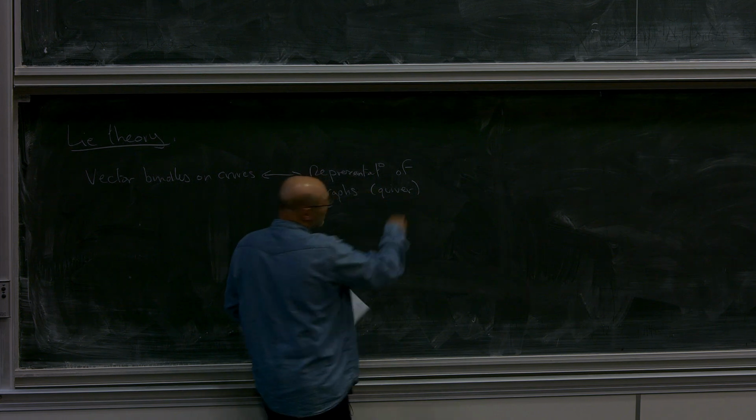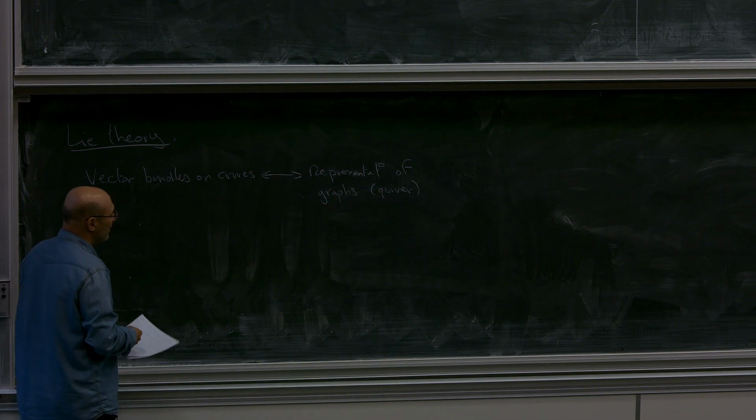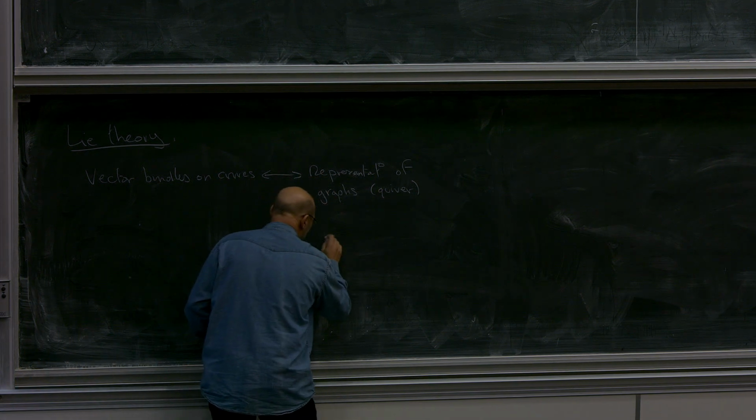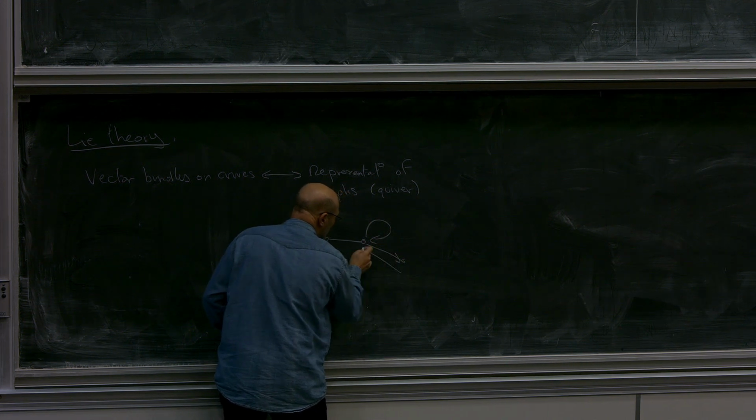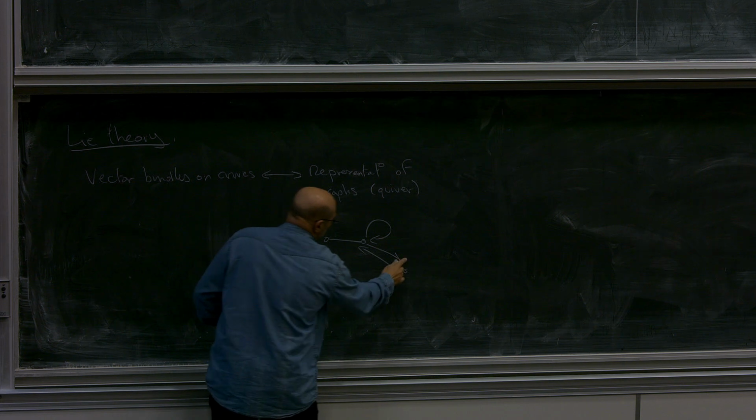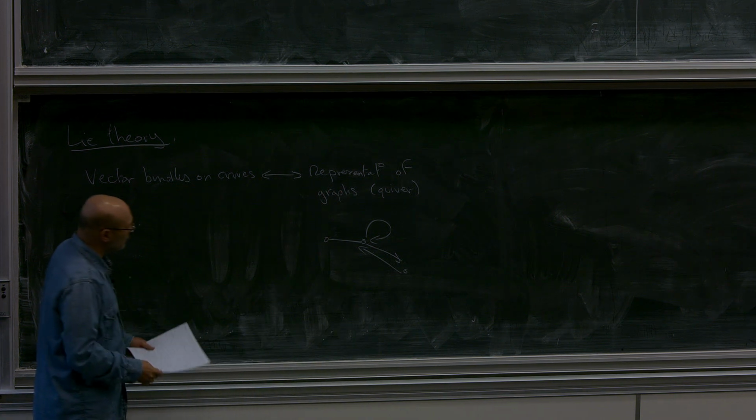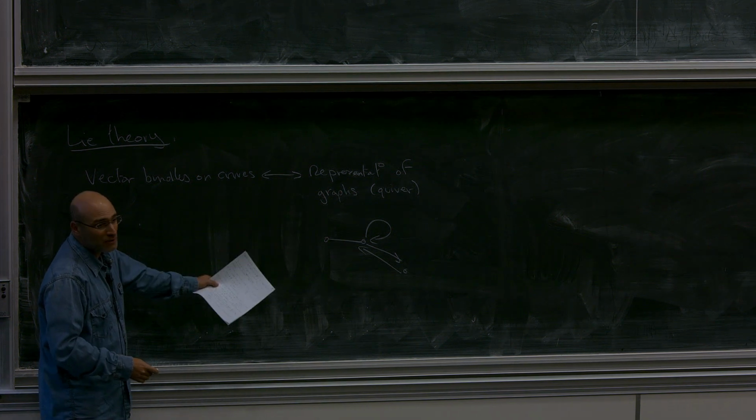So what is a representation of a graph? So here's a graph. I have three vertices here and one, two, three, four arrows.